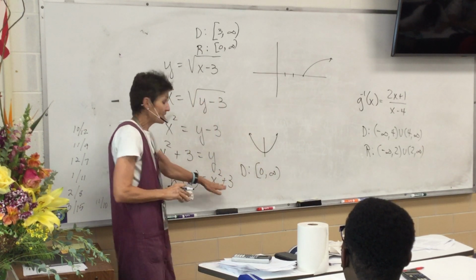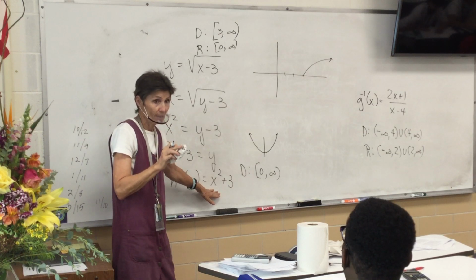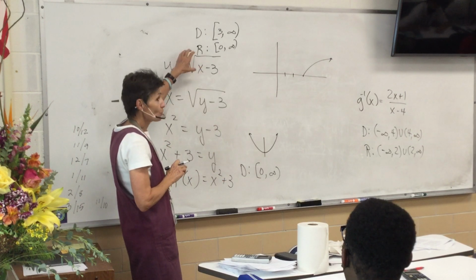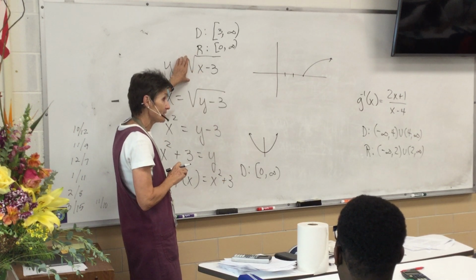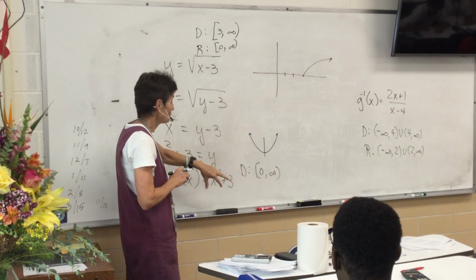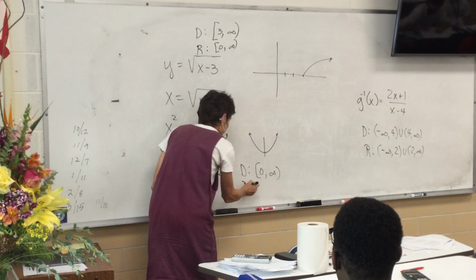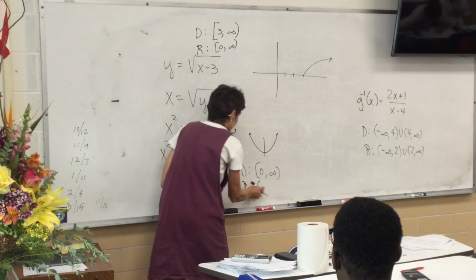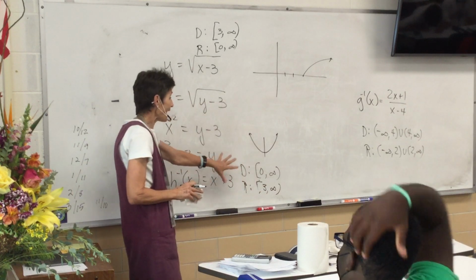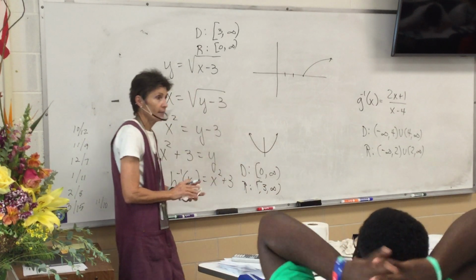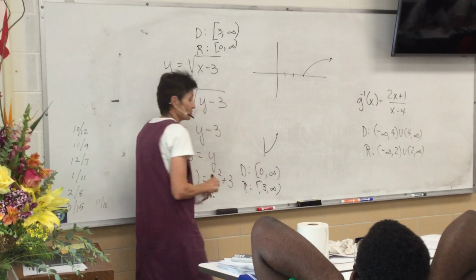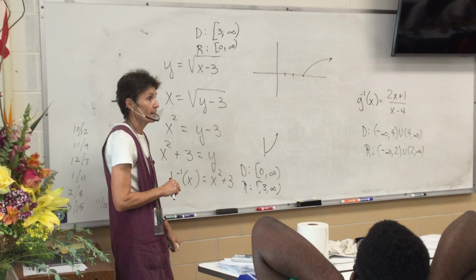Even though the equation would appear to have all real numbers as its domain, because you're finding the inverse of this, that domain follows you. That range follows you. And then the range is 3 to infinity. Now, with that in mind, what does this picture look like? Just the right side. That's your inverse. Just the right side.